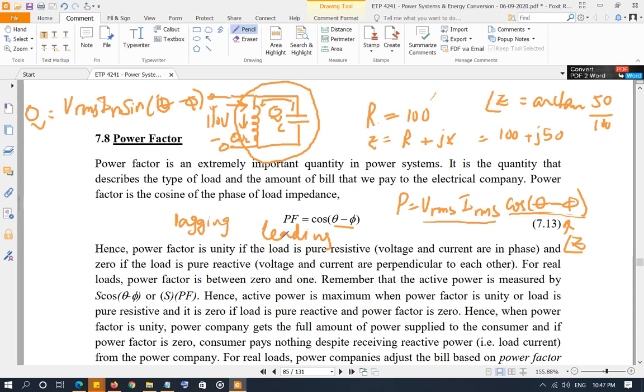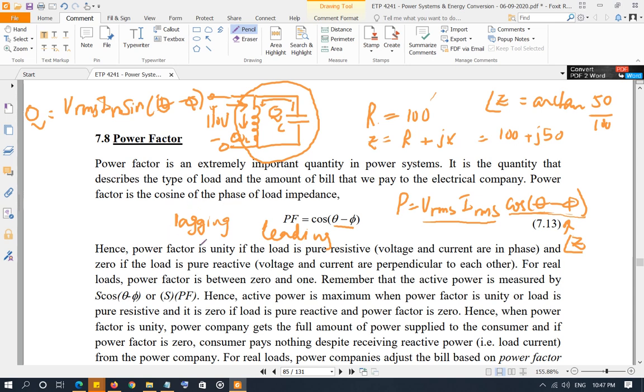So in your inductive load, current is lagging the voltage. So the power factor, let's say if I say power factor is 0.7 lagging. If I just say power factor is 0.7, then you will not know if the power factor 0.7 is due to the inductive impedance or capacitive impedance, because again cosine of a negative angle in the fourth quadrant and cosine of a positive angle in the first quadrant both can give you 0.7.